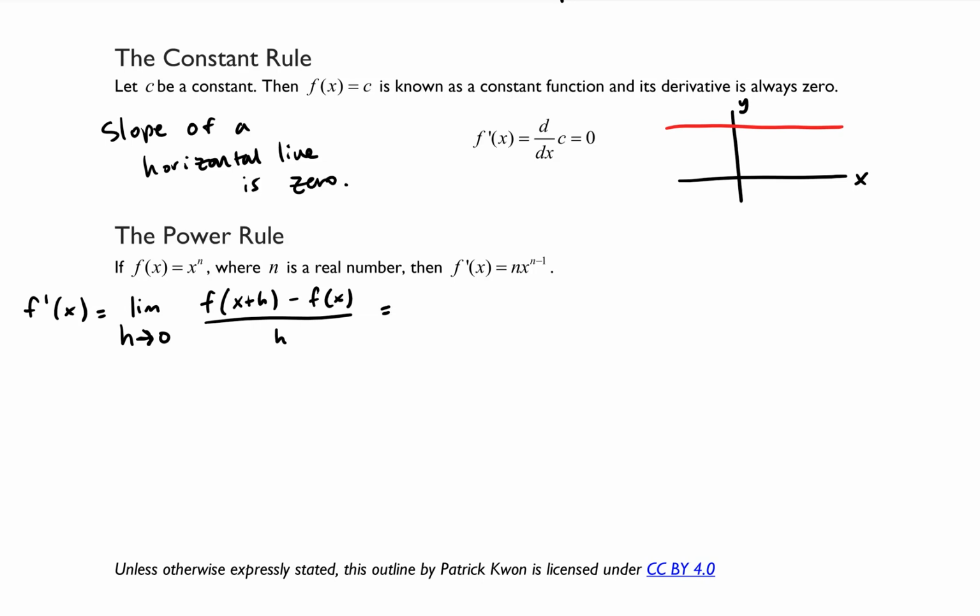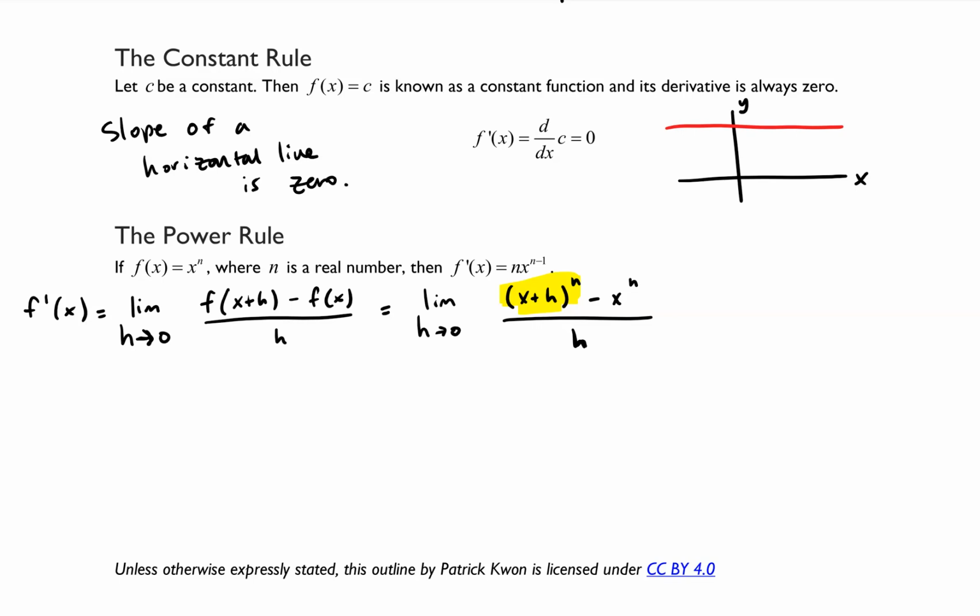And in this case, if you plug in x plus h into the function, that's equal to the limit as h goes to 0 of x plus h to the nth power minus x to the n all over h. Now, n is some real number, and we need to expand this. We don't know what n is, we just know that it's some real number.